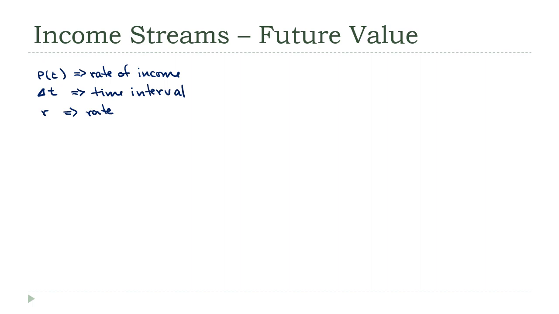So over a small time interval delta t, the amount earned is the deposit rate times the time. So far, this is the same as it was in our present value calculation. This is P of t, delta t.